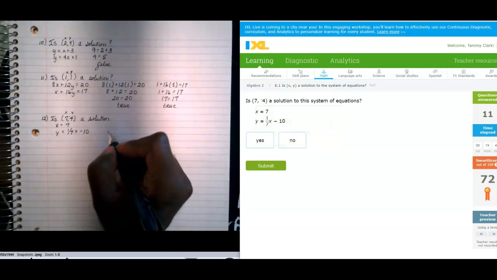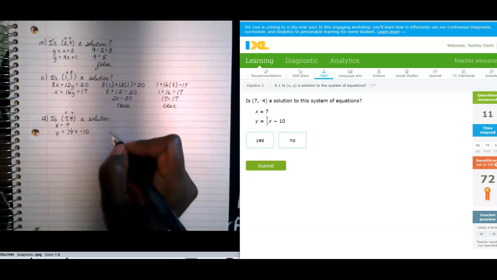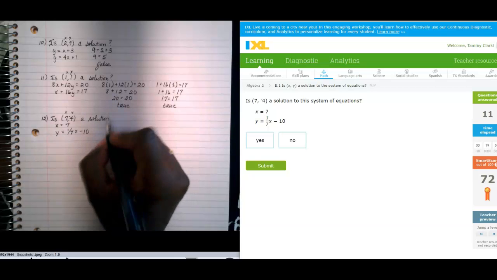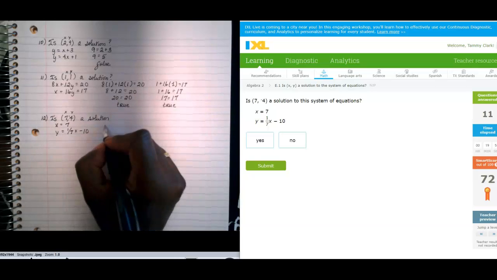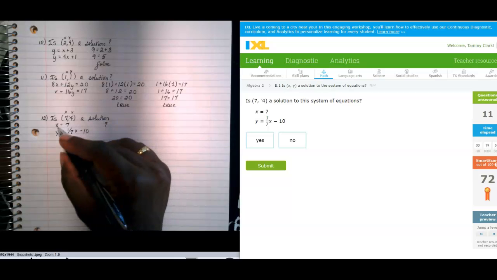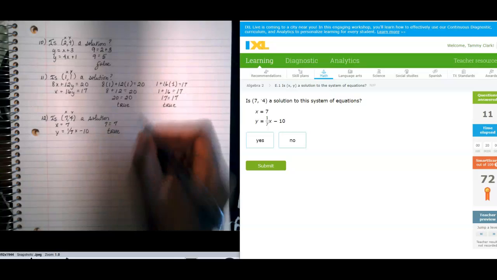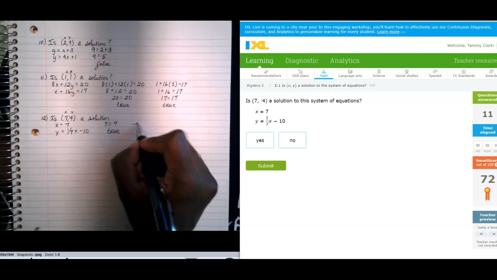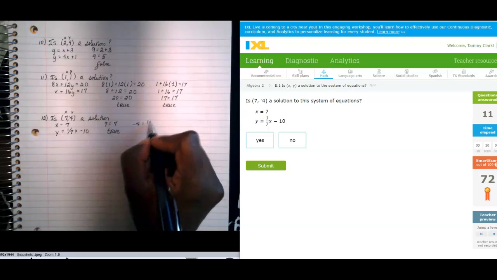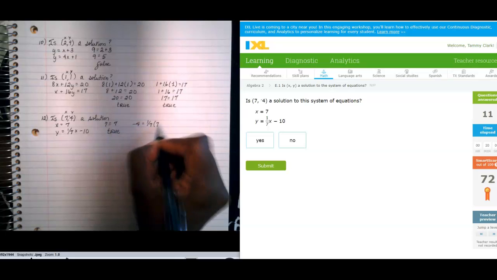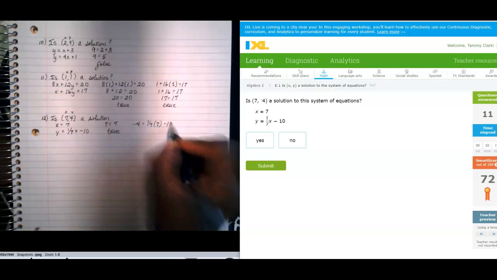Is ordered pair (7, -4) a solution? So we're going to substitute 7 for x. Does 7 equal 7? Well, yes, that's true. Then we're going to test the next one. We've got -4 equals 1/7 of 7 minus 10.